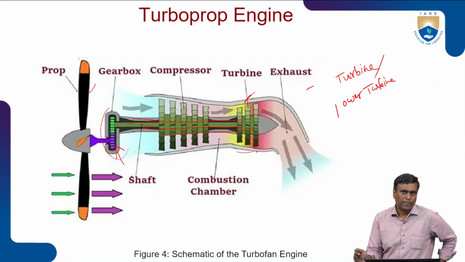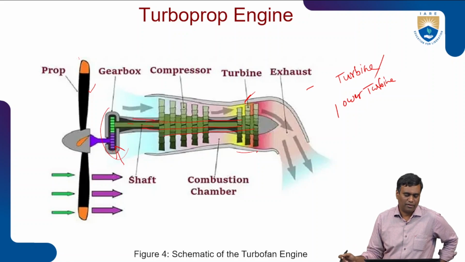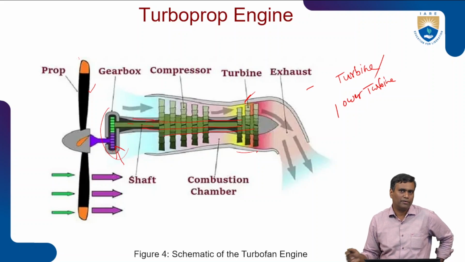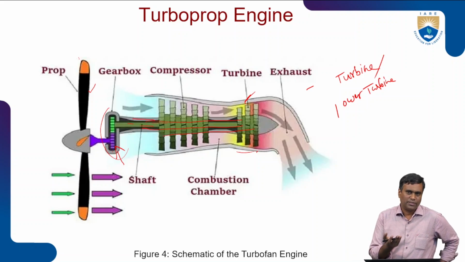That is the reason a reduction gearbox is installed: to reduce the RPM and increase the torque, so that propellers rotate as per the design and efficiently and effectively generate thrust, right? So in this type of engine, a reduction gearbox is mandatory, right? That is to reduce the RPM.